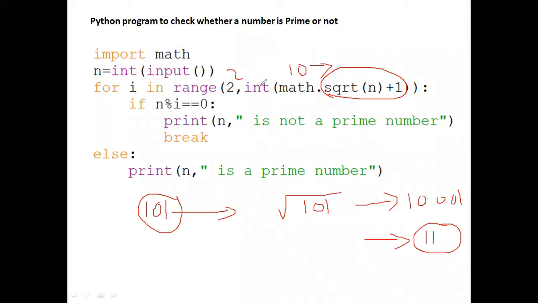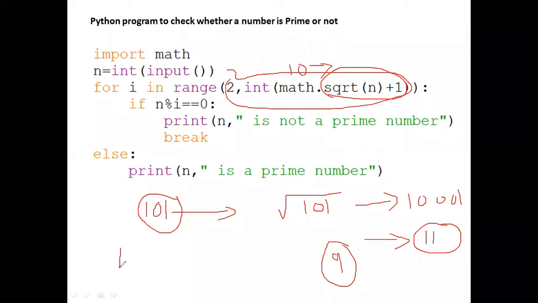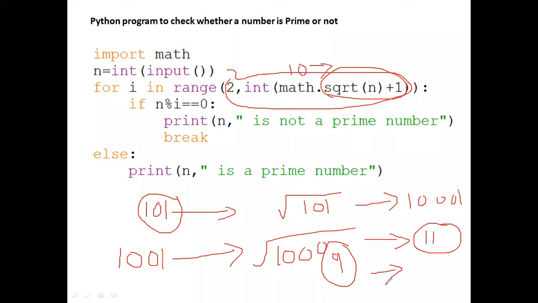But if you are using this mathematical function SQRT of n, now the iterations are reduced to 9. Okay, so for example, if the number is 1001, in this case, what is the root of 1000? Let us assume the root of 1000. Just wait.